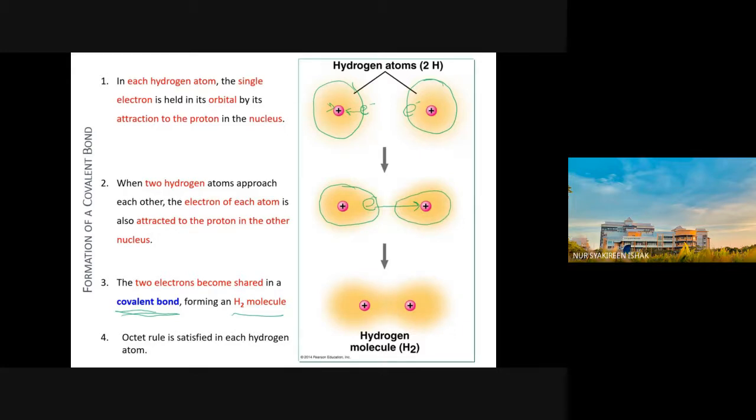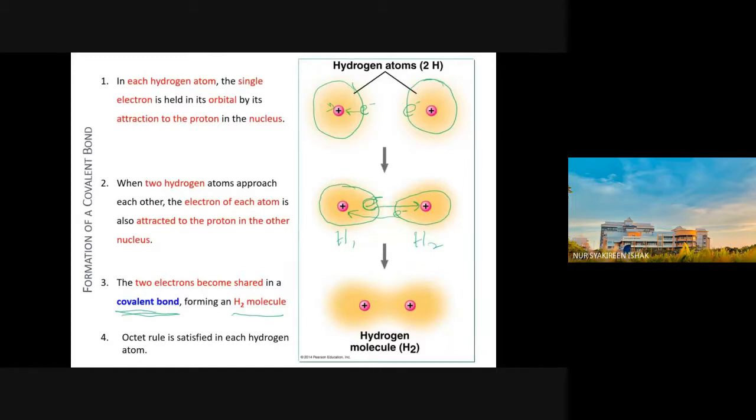So this is the first hydrogen atom, and this is the second hydrogen atom. The electron of the first hydrogen atom will be attracted to the proton of hydrogen atom 2, and the electron of hydrogen atom 2 is attracted to the proton of hydrogen atom 1.